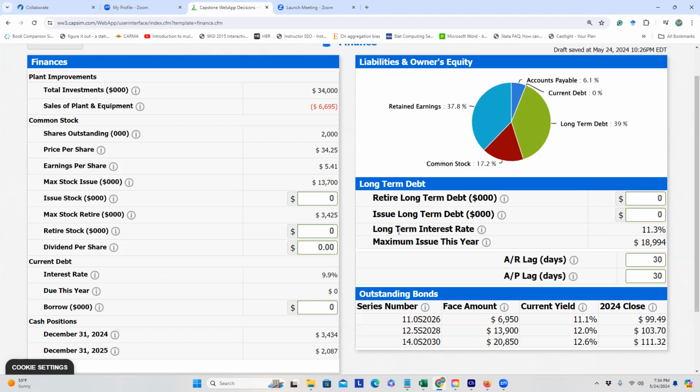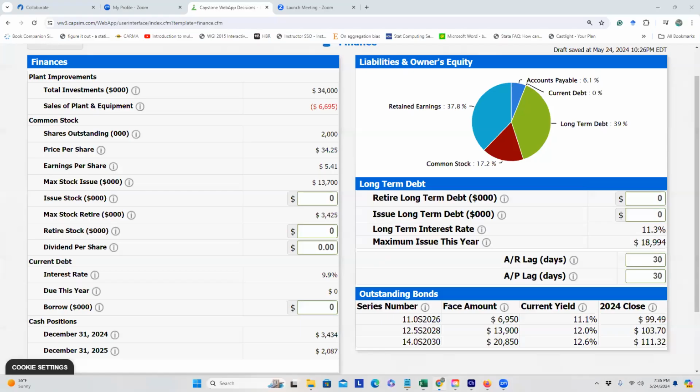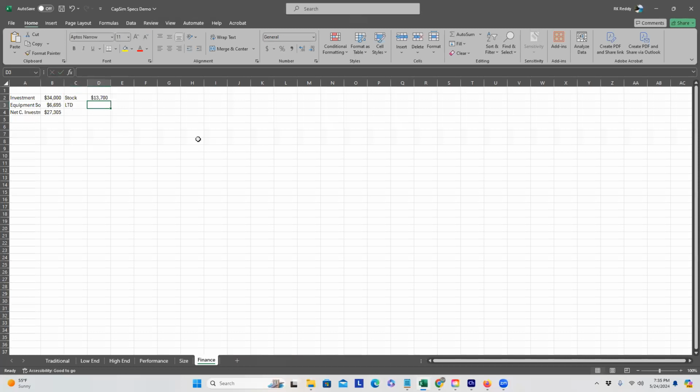So let me see what's available to you. You also have to look at that. 13.7 is what is available in stock. Long-term debt that is available to you is 18.994.